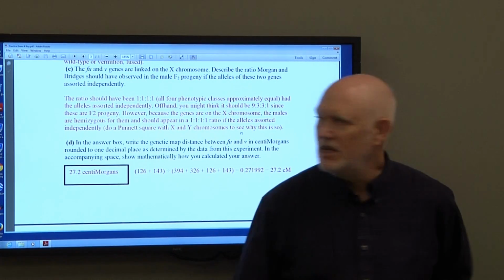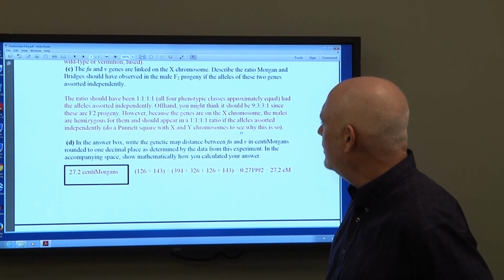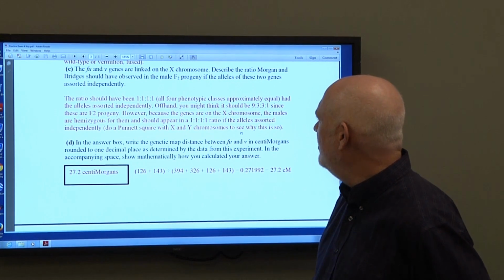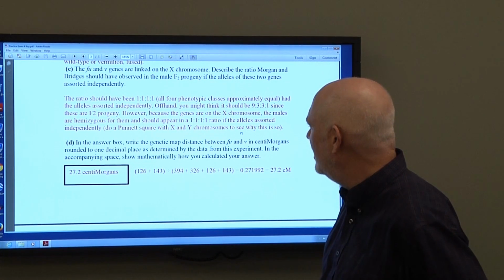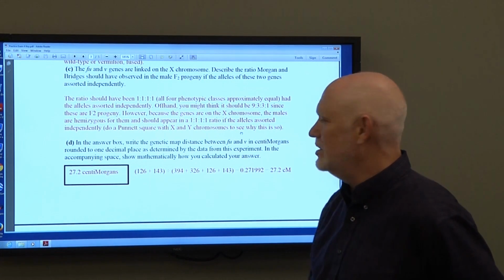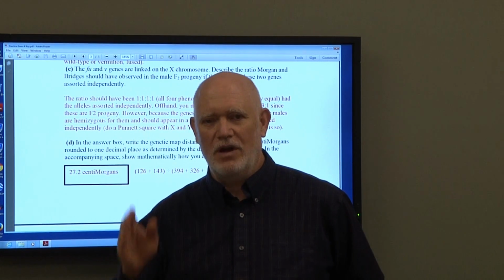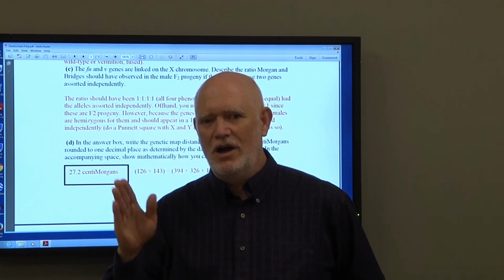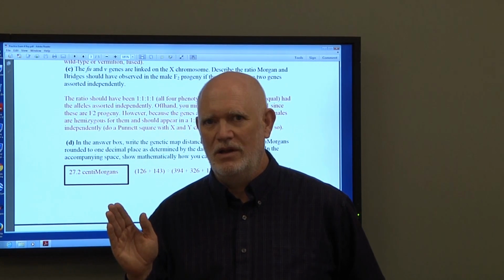Okay, and in part C, the FU and V genes are linked on the X chromosome. Describe the ratio Morgan and Bridges should have observed in the male F2 progeny if the alleles of these two genes assorted independently. In this case, because it's on the X chromosome, all of those males inherit their X chromosome from their female parent.